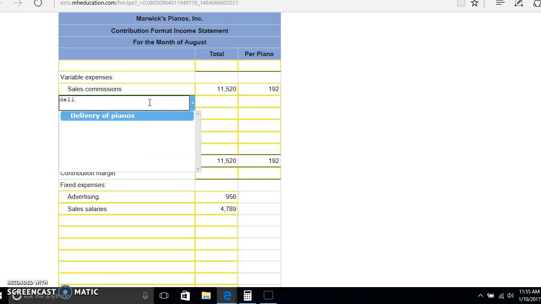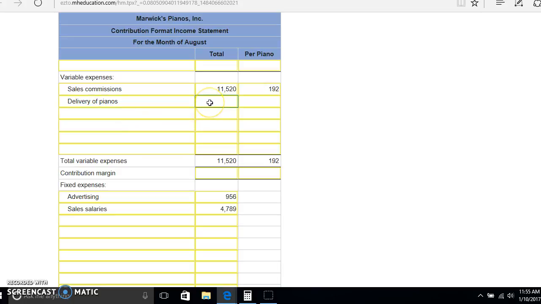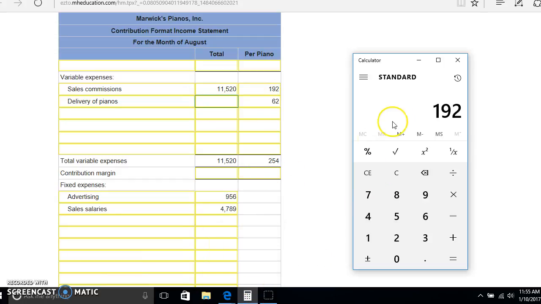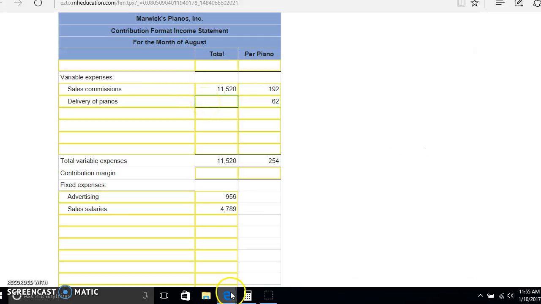So let me put that down, delivery of pianos. We know that's going to be 62 a piano because that's what it told us. So I'm just going to take that 62 times the 60 that we sold, and that's going to be 3,720.